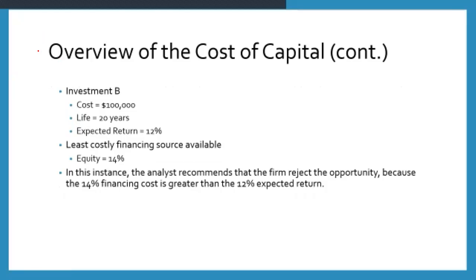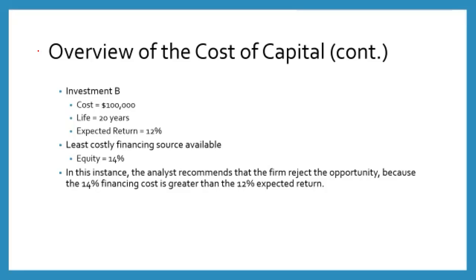Here we have investment B. The cost is the same, 100,000. The life of the investment is 20 years. The expected return from this investment is 12%. The cost of financing available is equity. In this case, for investment B, it's not debt, it's equity. Equity is stocks. It's 14%. That's the cost.